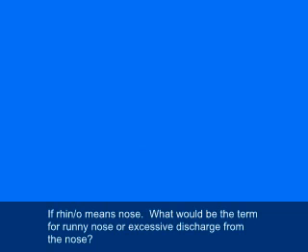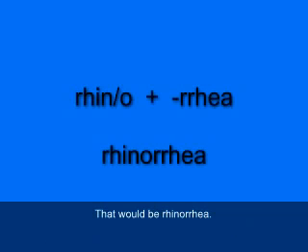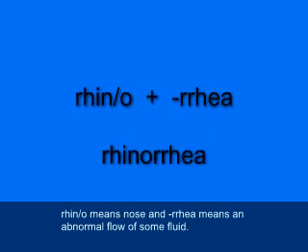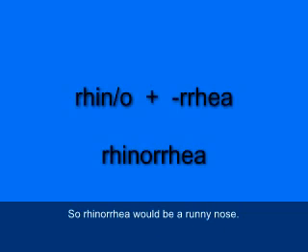If rhino, rhin/o, means nose, what would be the term for a runny nose or excessive discharge from a nose? That would be rhinorrhea. Rhino means nose. Rhea means an abnormal flow of some fluid. So rhinorrhea would be a runny nose.